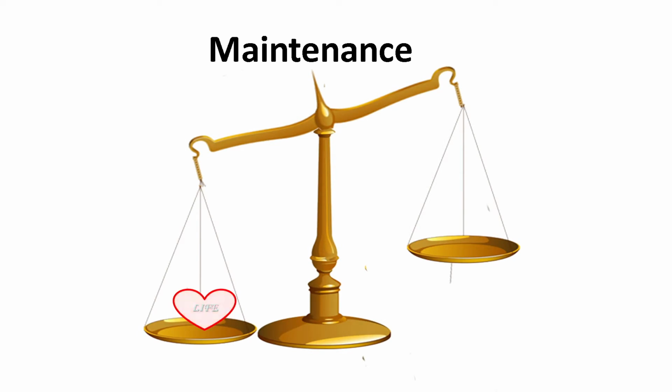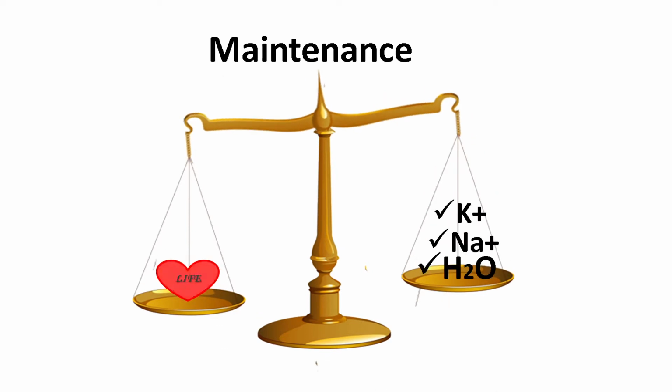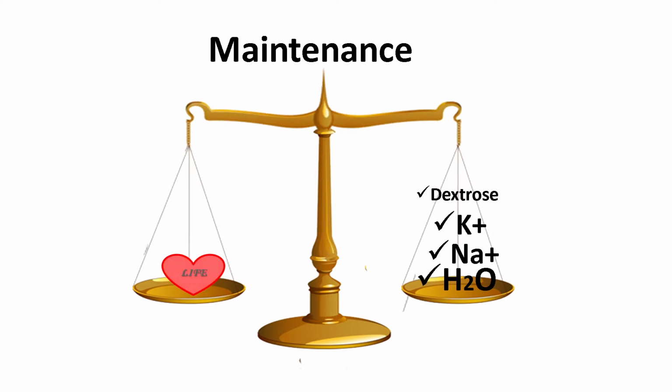One of the uses of IV fluids is for the physiologic maintenance of life, or else the basic hemodynamics of life gets misbalanced. There are 4 primary ingredients in IV fluids that are essential to maintain our daily life: water, sodium, potassium, and dextrose.